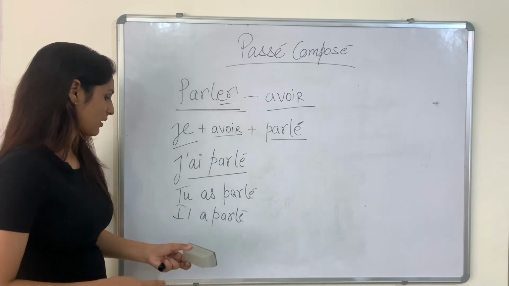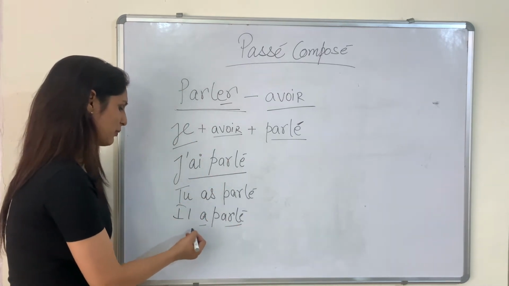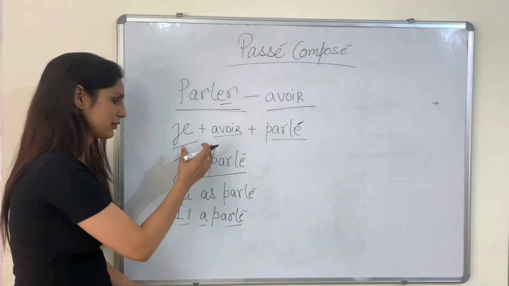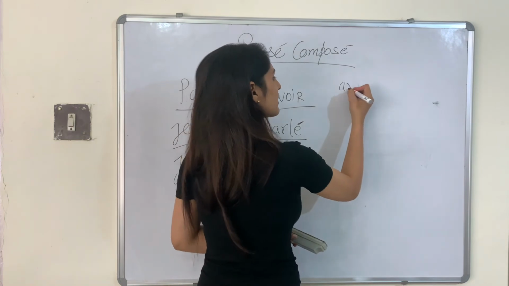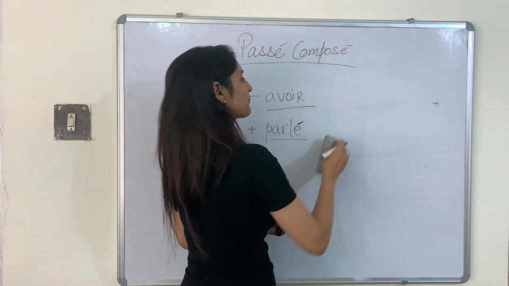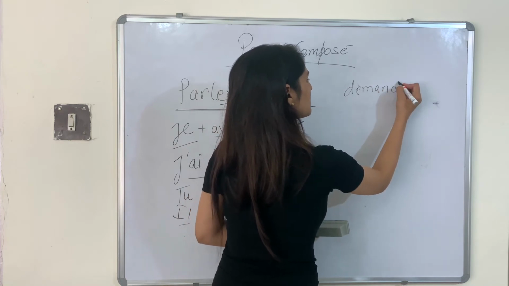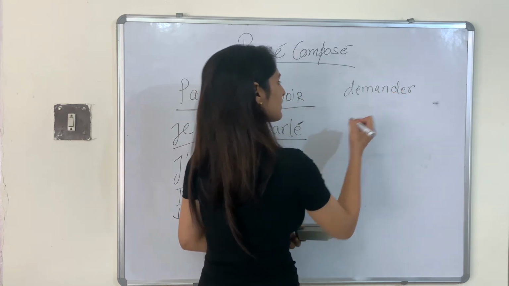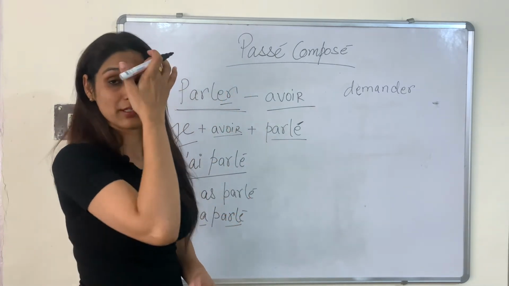Now this is going to go very much the same, and you will keep on changing your verb avoir according to your personal pronoun. Let's take one more verb, demander, which means to ask. Demander means to ask, not demand.